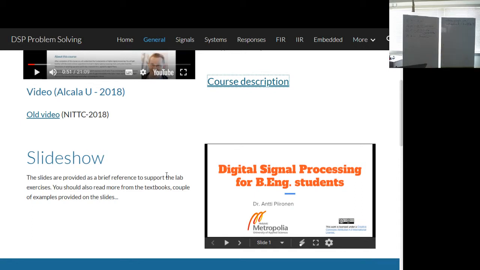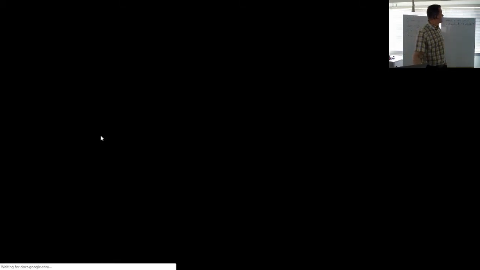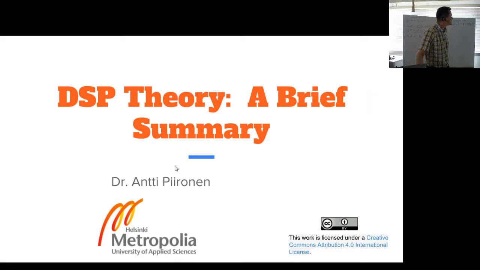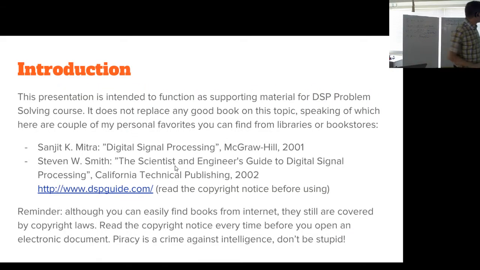For each exercise, I will first give you a lab tutorial showing what I would do to solve similar problems, and then you go and try to apply that to solving these assignments. Okay, but let's take a quick look at that. So yes, digital signal processing for Bachelor of Engineering students. Brief summary.